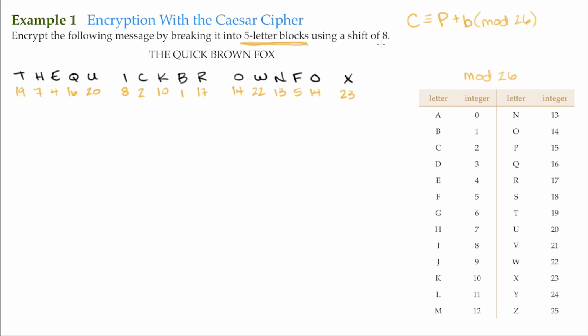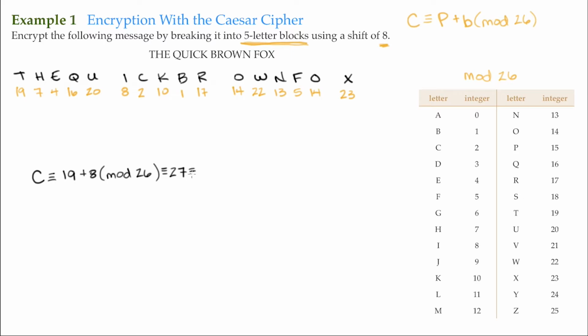So here we have a shift of 8. To change our first letter, T, into our ciphertext, C is congruent to P, our plain text, which is 19, plus the shift B, that's 8, and that's all modulo 26. 19 plus 8, that's 27.